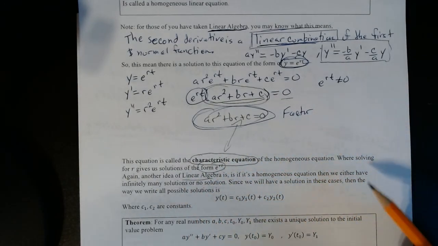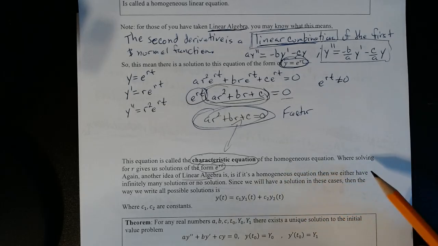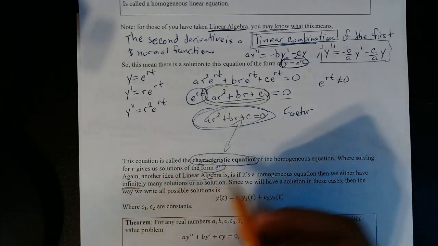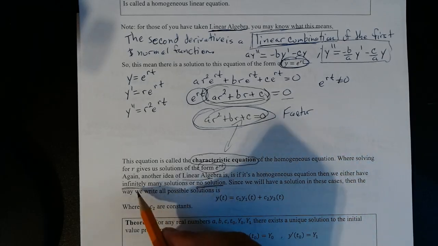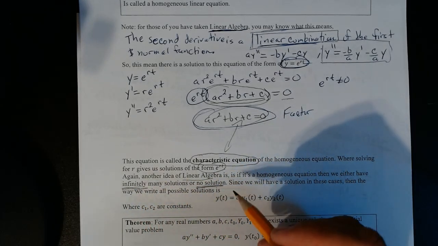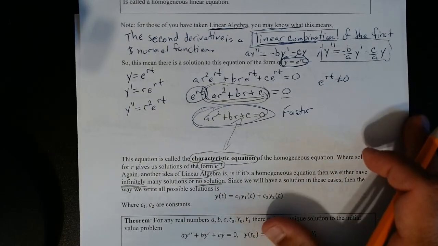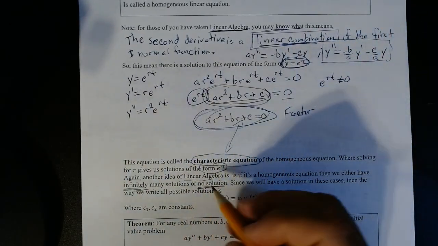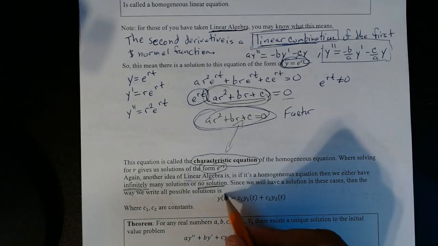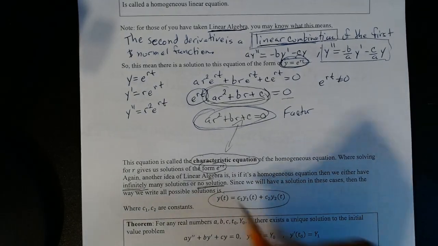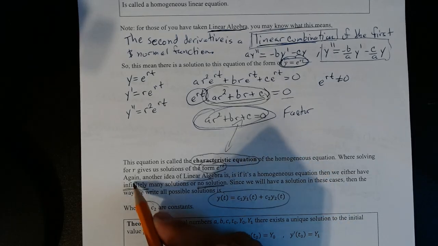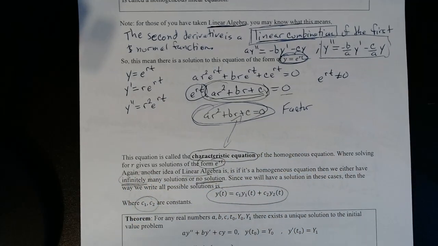Because we have a homogeneous equation, we have two options: we either have infinitely many solutions or no solutions. Which makes sense, because if we have an actual solution, we have a c value. In general, our equations are going to look like this, where C1 and C2 are arbitrary constants, hence the infinitely many solutions.